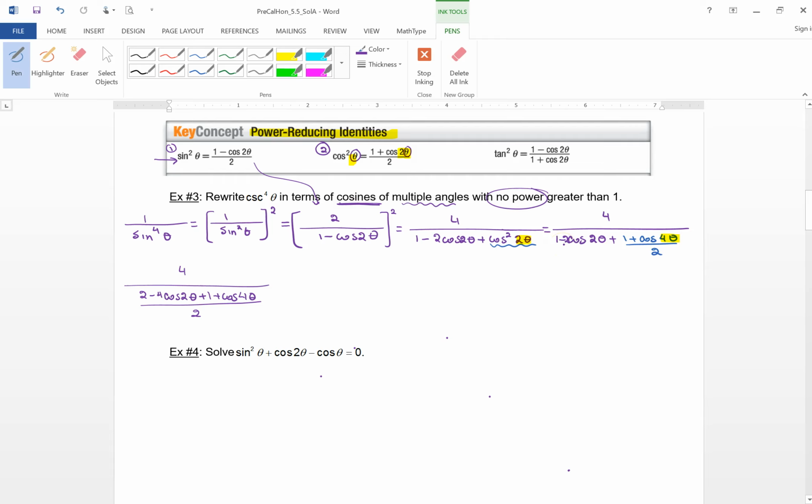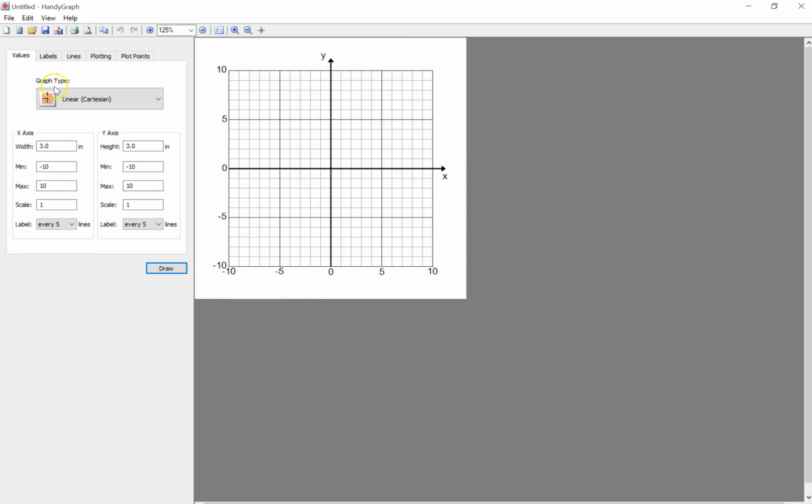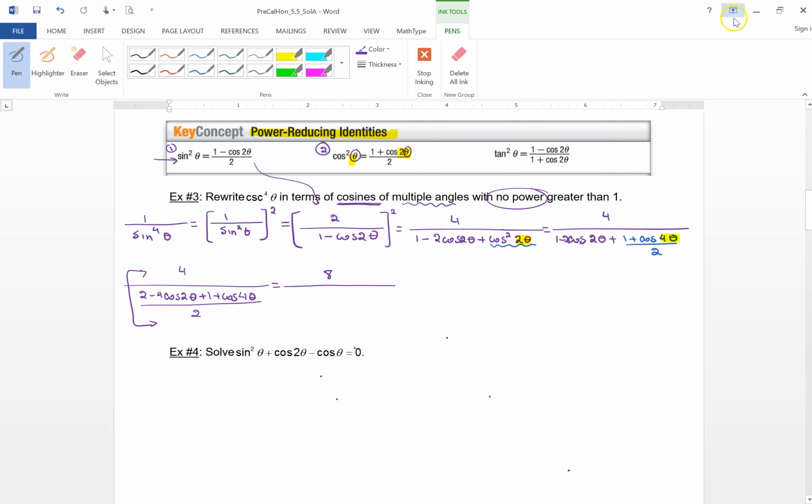Okay. So now, what do we have here? Can I multiply these two and get 8 over 2 plus 1 is 3 minus 4 cosine 2 theta plus cosine 4 theta, and I think I'm done.